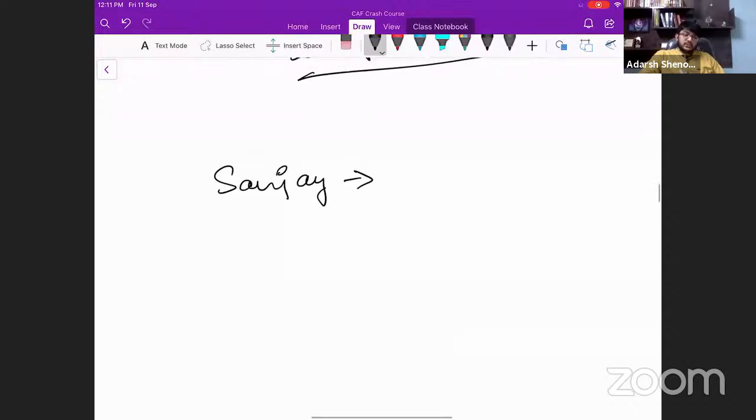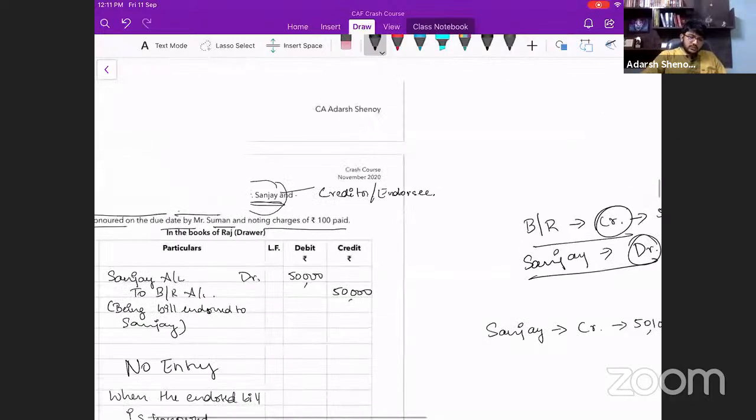Now again, the creditor is back in the books, so we have to credit. He's a liability. How much should we pay Sanjay? Should we pay him only 50,000 now? Will he be happy with only 50,000 rupees? Or should you pay him 50,100 rupees? He's going to say, boss, I paid noting charges.